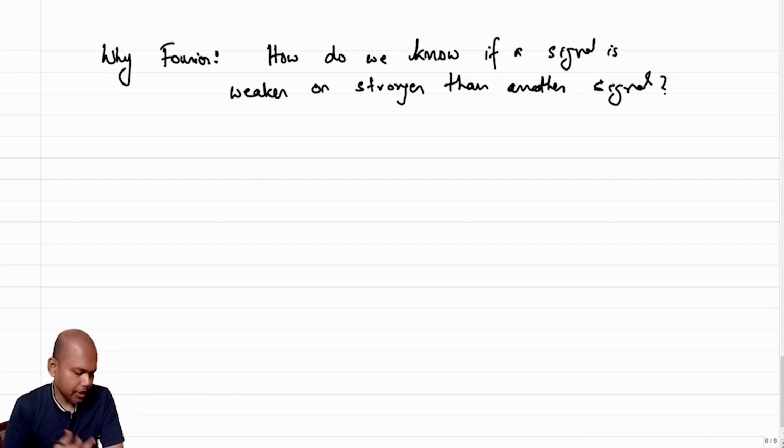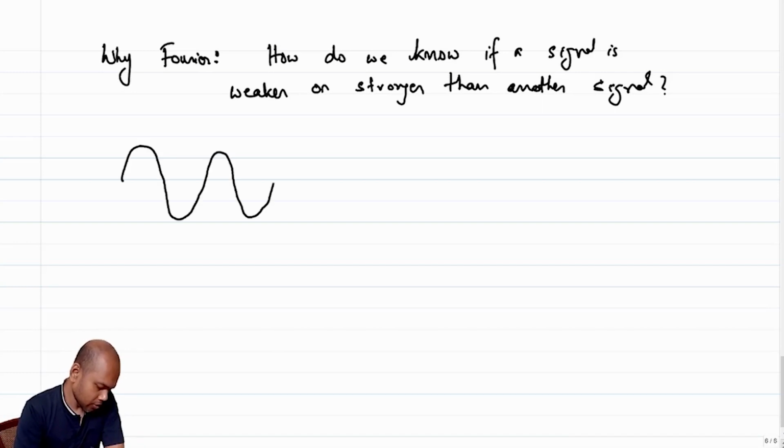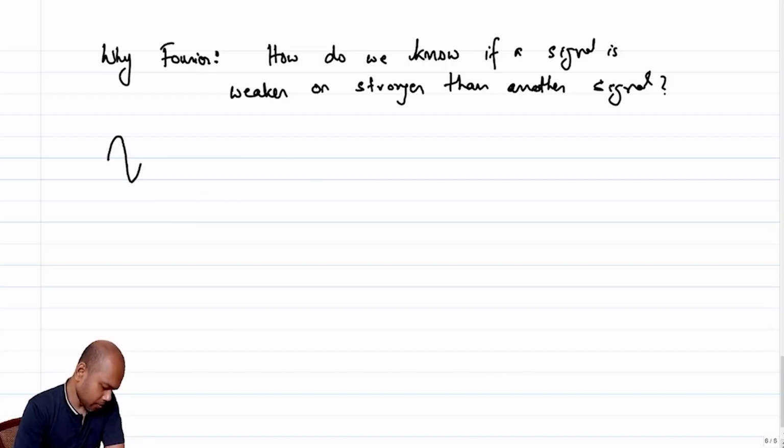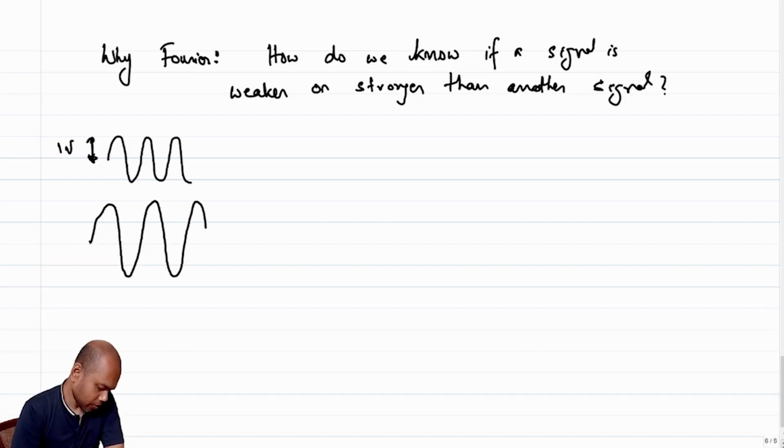So how do we know? I mean, I say that I have a sinusoid. Let's say I have a sinusoid of 1 volt amplitude. Like, very poor drawing, slightly better maybe. So let's say it has 1 volt amplitude, 2 volt peak to peak, and I have another sinusoid of, let's say, 2 volt amplitude, right? Same or different frequency, doesn't matter.